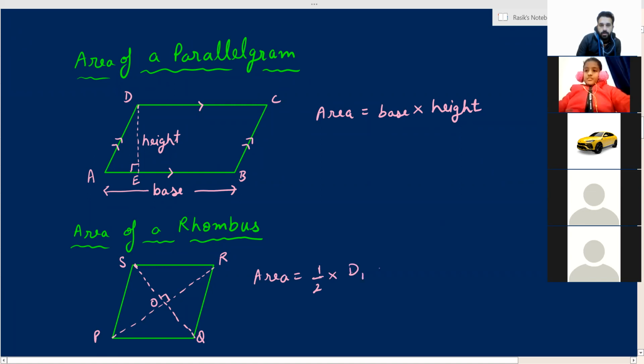That means you can write half into d1 into d2. d1 is the first diagonal and d2 is the second diagonal. Half into d1 into d2. Diagonal 1, diagonal 2. Sir, but in the book it is written product of diagonals. That is the same thing.